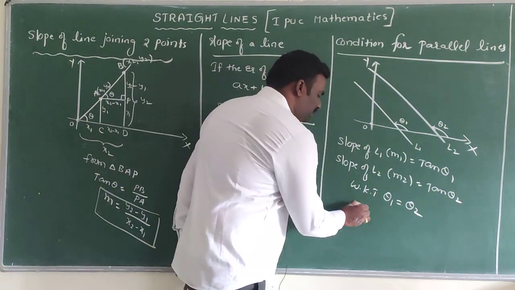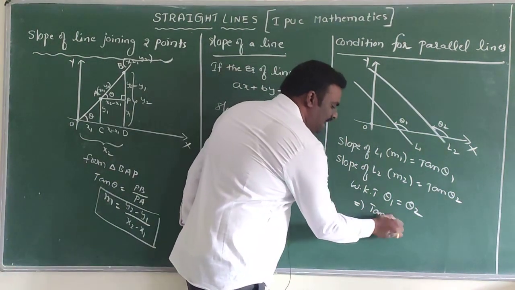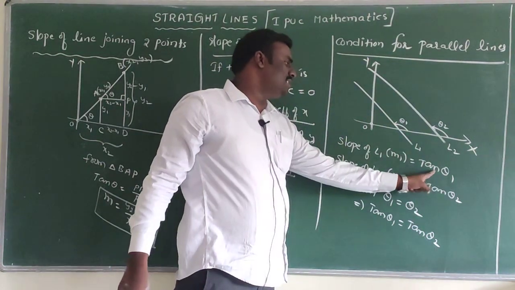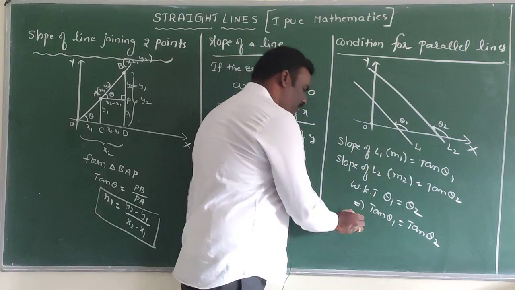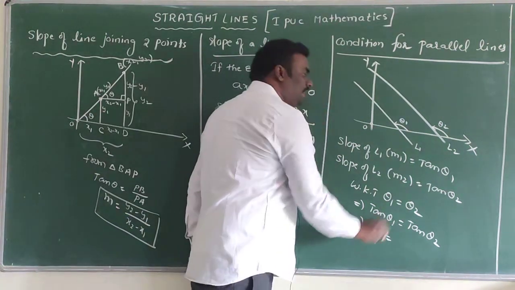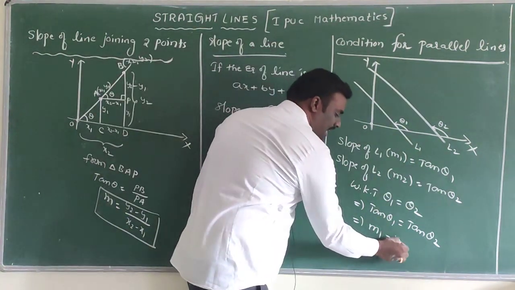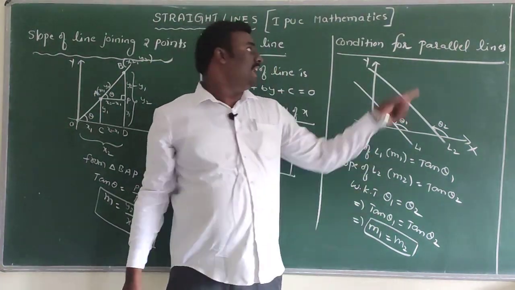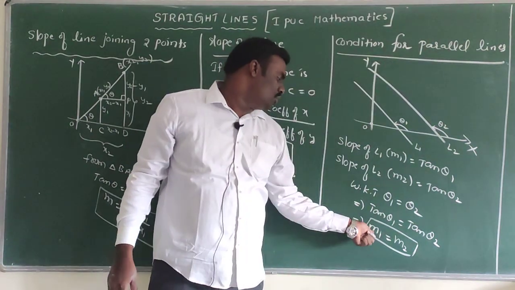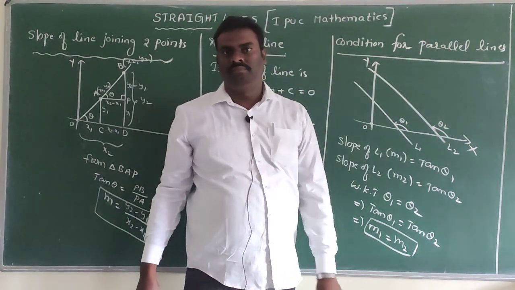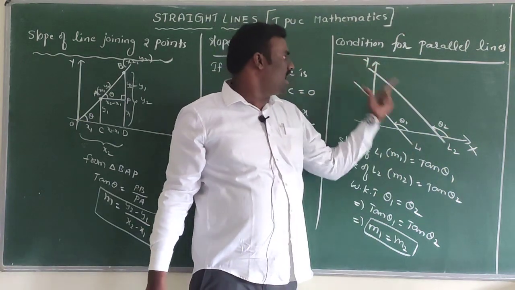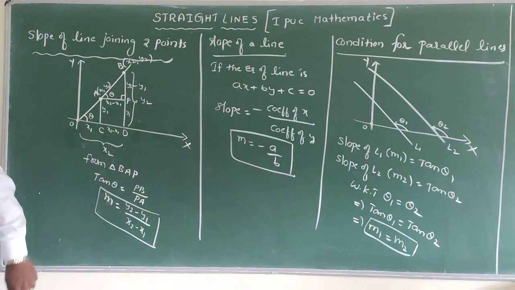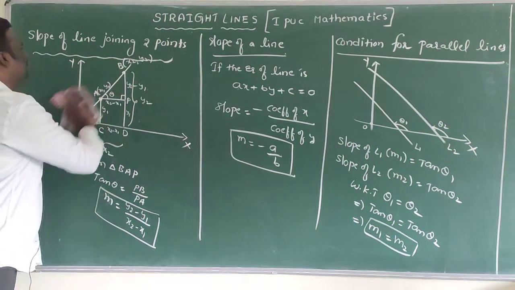If theta 1 equals theta 2, then I can write tan theta 1 is equal to tan theta 2. Tan theta 1 is nothing but the slope of the first line m1. Tan theta 2 is nothing but the slope of the second line m2. So finally we got one condition. If the lines are parallel, slopes are equal. Understood? If the lines are parallel, slopes are equal. So this is the condition for two parallel lines.